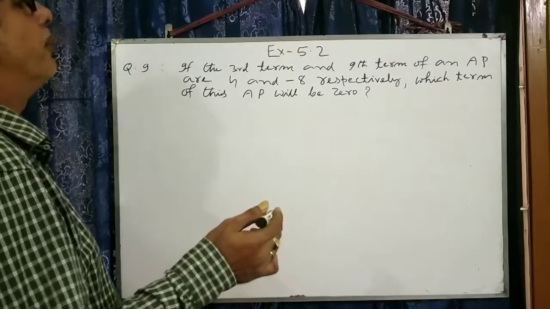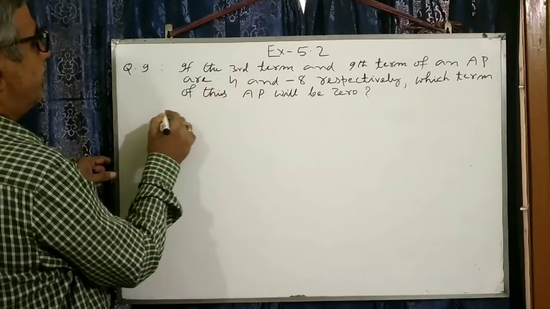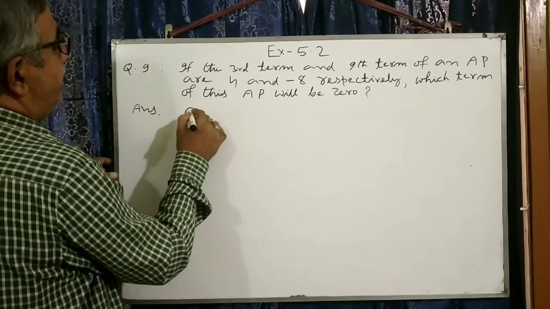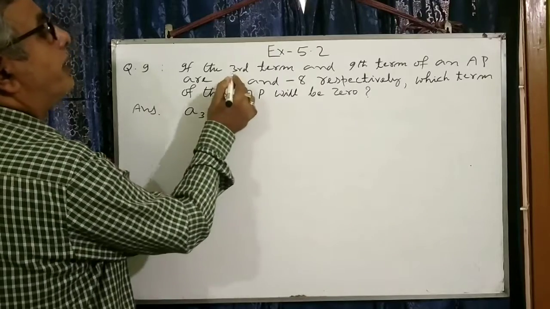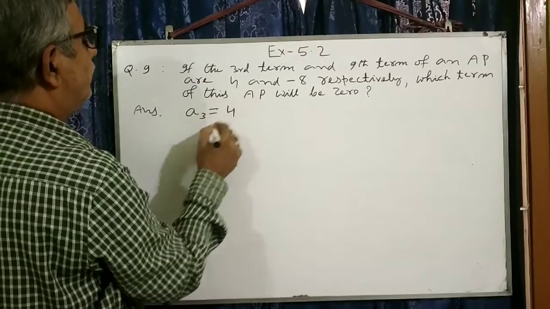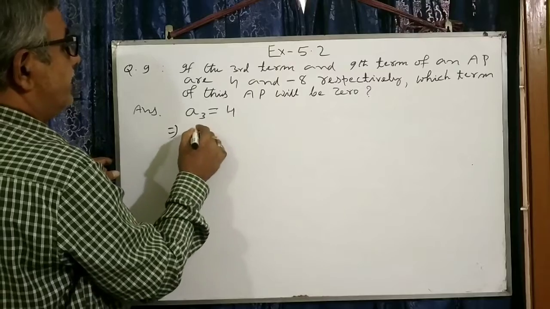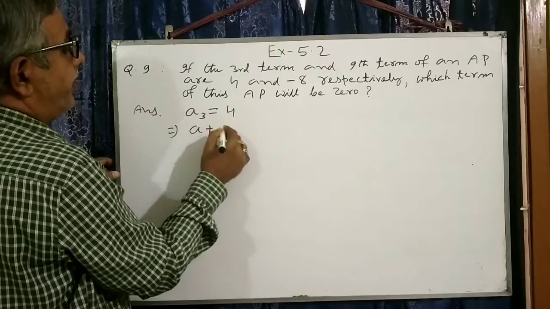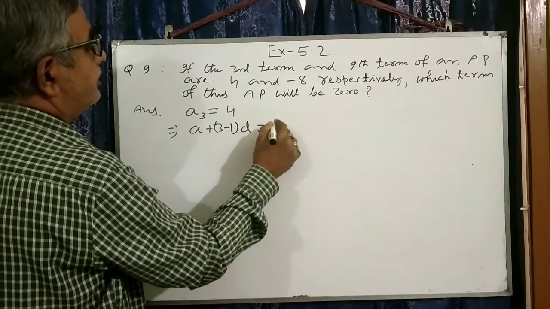Okay, you come to the board. Here you see third term. Third term is what? A3. So A3 is equal to how much is given? 4. A3 means, you know the formula of A3. A plus, instead of n, here 3 minus 1 and d, that is equal to 4.